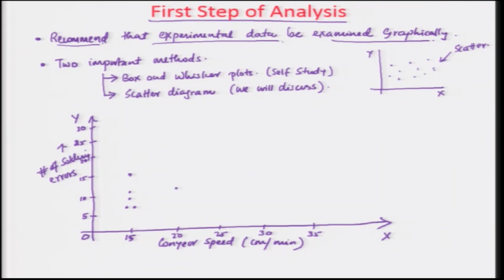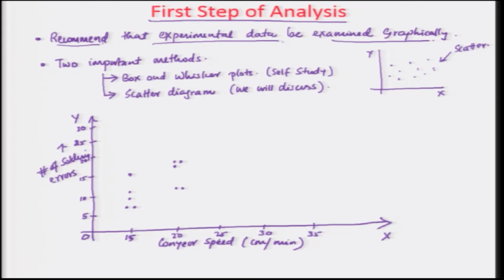Then you have 17. Then you have 12, so come back and draw a 12 right here. Then you have 18 and another 18. So, you get a diagram like this, which is another scatter diagram for 20.